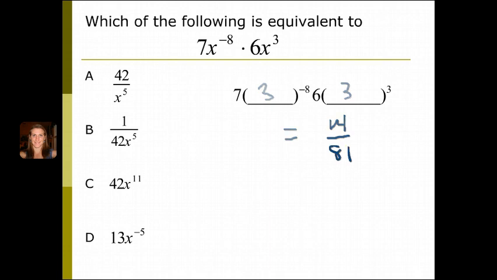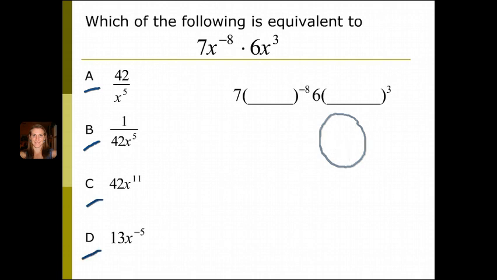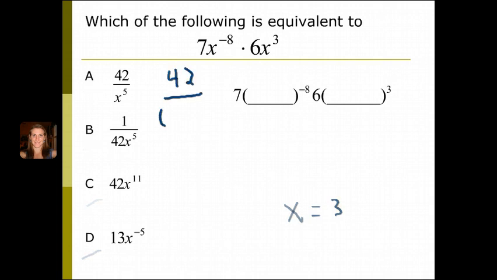So what I'm comparing is the value 14 over 81, and I'm going to try to get those same values in either A, B, C, or D. So again, if x equals 3, I need to test that in all of my answer choices. So if I say 42 over, and remember, we've got to put our parentheses, and put my 3 inside.